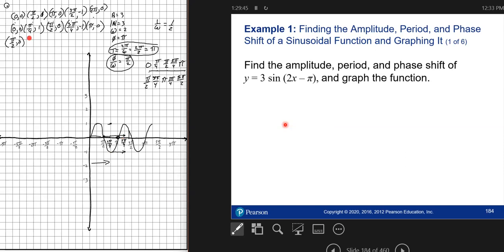So this is 3 pi over 4, 1, and this was what? Pi over 0, and then I got lost.